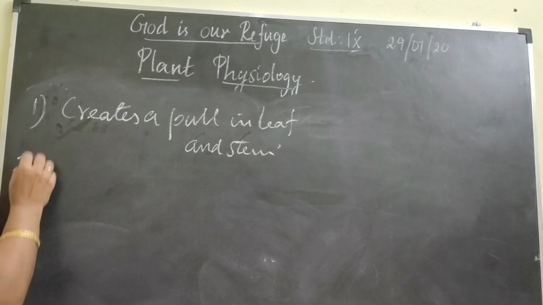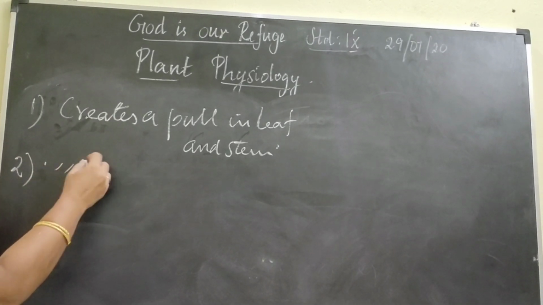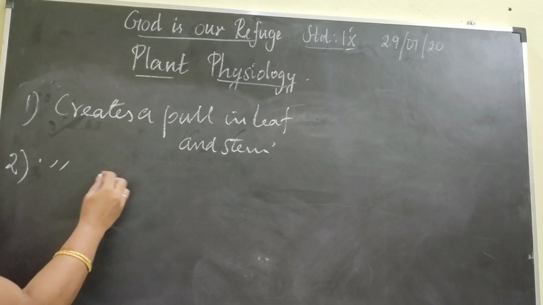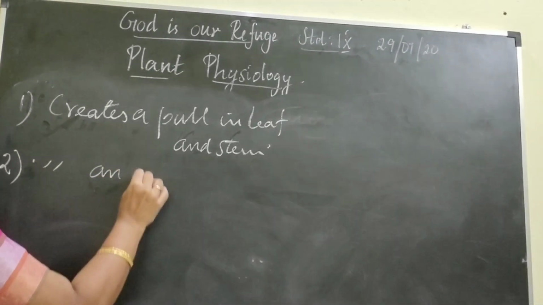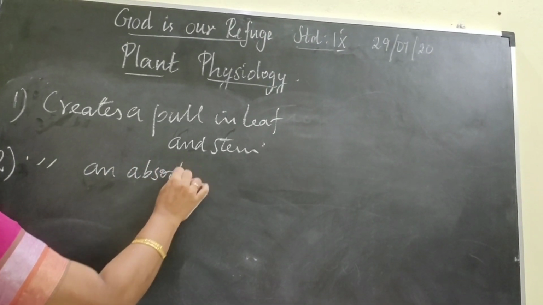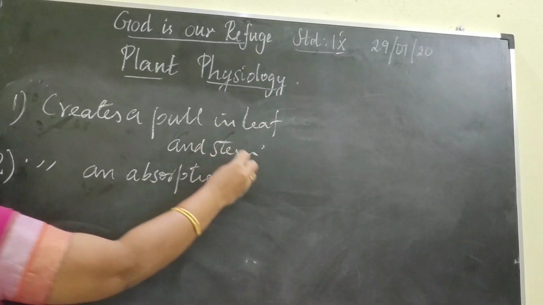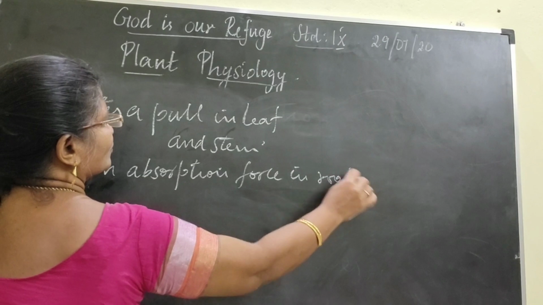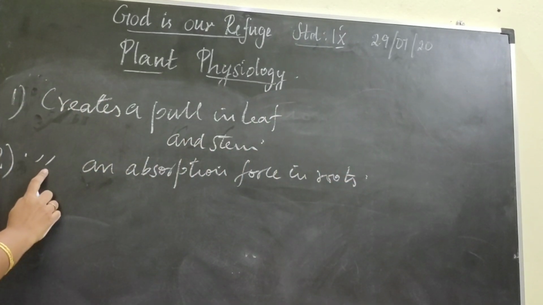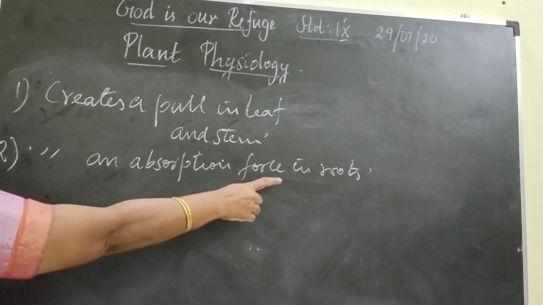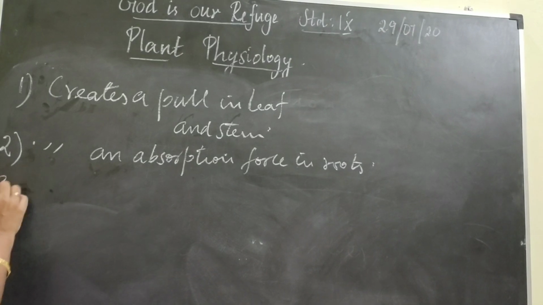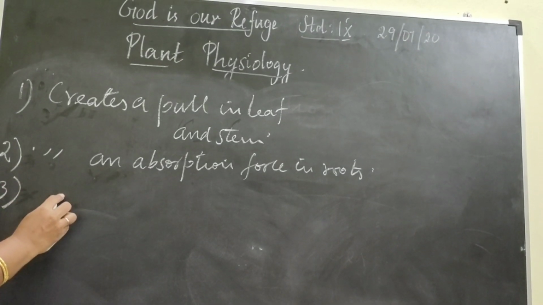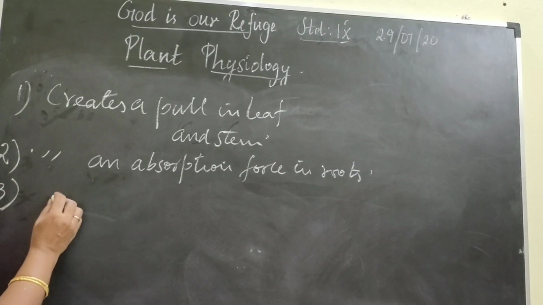Second point, it creates an absorption force in roots. What's the second point? It creates an absorption force in roots. What's the third point? It is necessary for continuous supply of minerals.